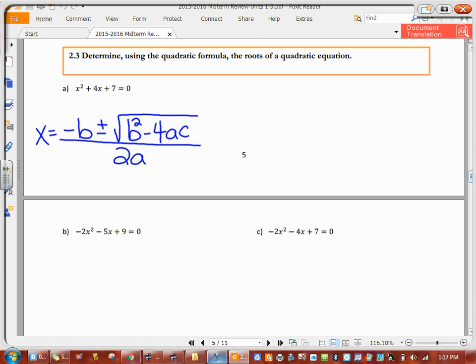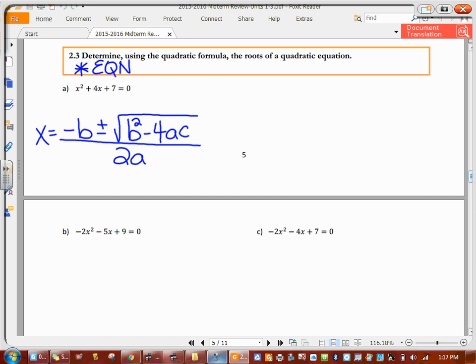All right, now in order to use the quadratic formula, you need to have it in general form. So that's a little must we have to put here. The equation, EQN, is my short form for the word equation.